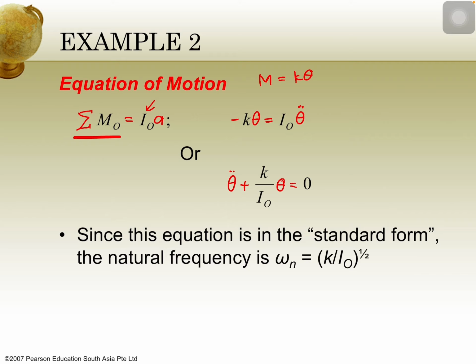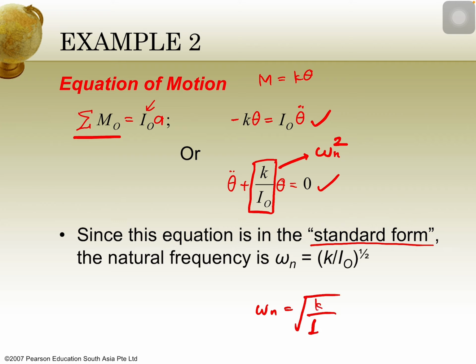When I rearrange this one, I can get this formula. Since this equation is in the standard form, again remember the standard differential equation form, this is related to the natural frequency, which is equal to omega n squared. So we can get that omega n is equal to square root of k over I o, right? Similar to this one.